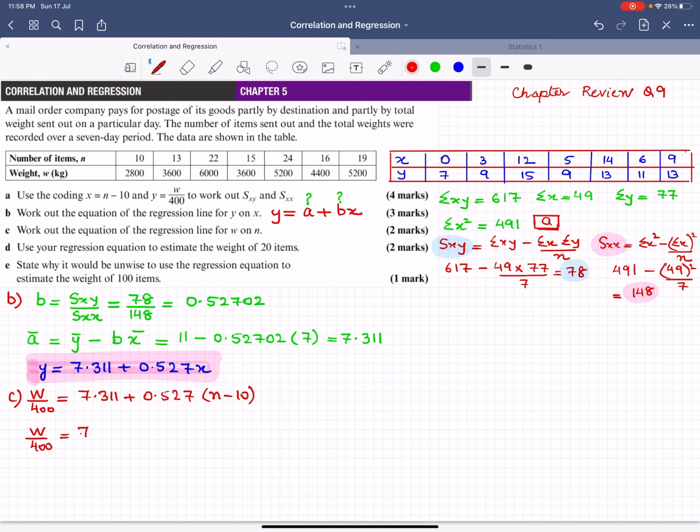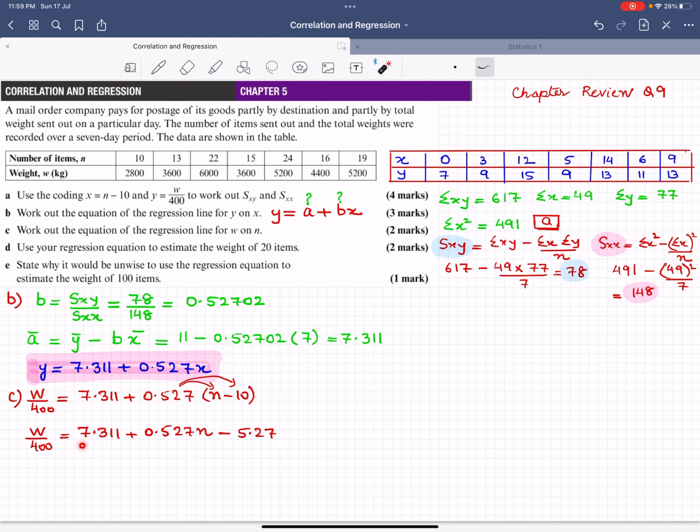We have 7.311. We will multiply the number 0.527 with n and with negative 10. So we have 7.311 plus 0.527n, and the number 0.527 when multiplied by negative 10 gives us minus 5.27.